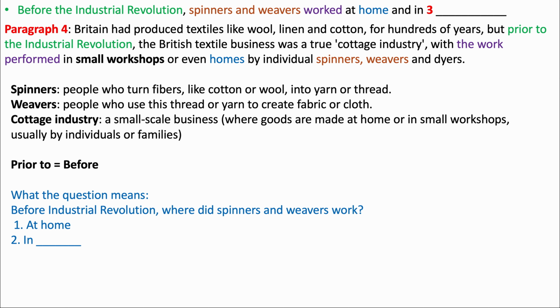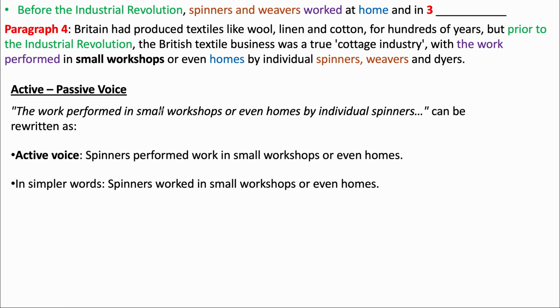The passage says, prior to the Industrial Revolution, prior means before, the British textile business was a true cottage industry. Cottage industry means a small business. Let's understand this sentence further. The work performed in small workshops or even at homes by individual spinners, weavers, and dyers.